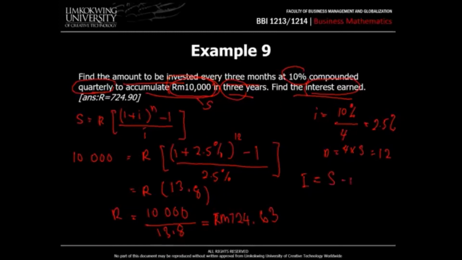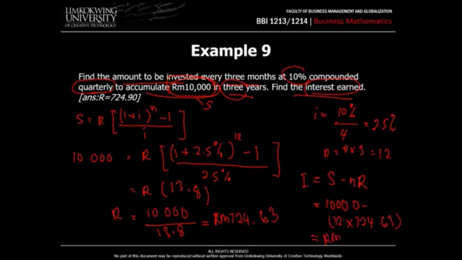I equals S minus nR. So S is 10,000 minus, with the n 12, multiply with 74. 12 multiply 74.63. Okay, what is the final value?